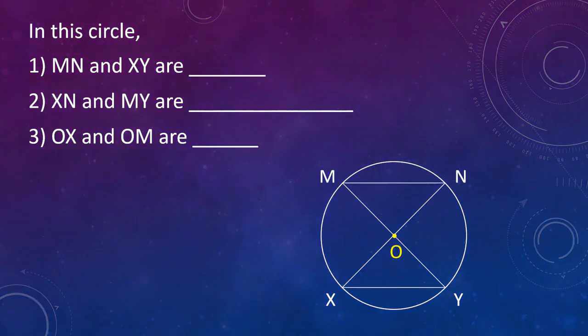Let us solve one more question. In this circle, number 1, MN and XY are dash and the answer is chords because a chord is a line segment whose endpoints lie on the circle. Number 2, XN and MY are dash and the answer is diameter or chord because diameter is a line segment whose endpoints lie on the circle and which passes through the center of the circle.